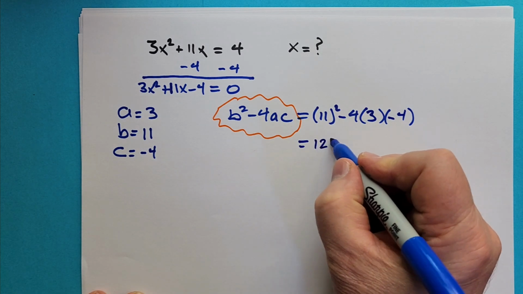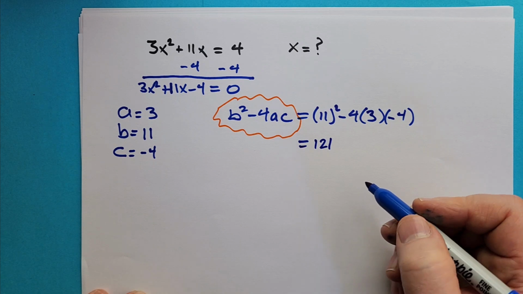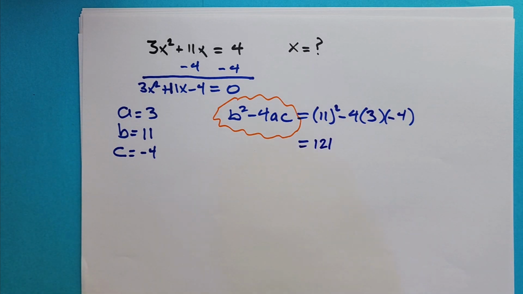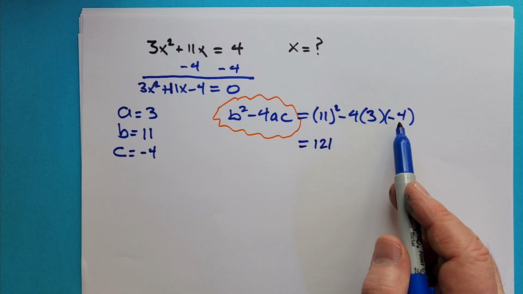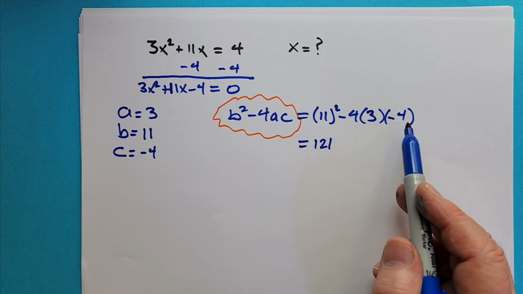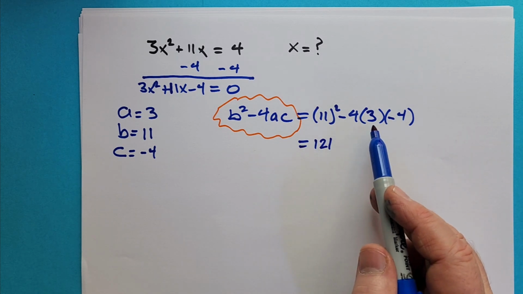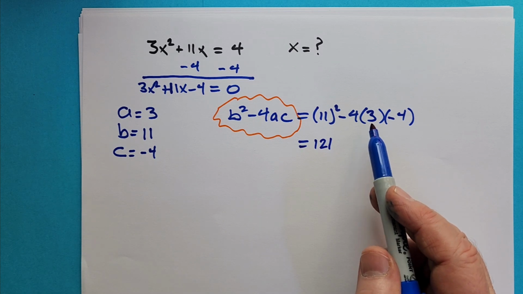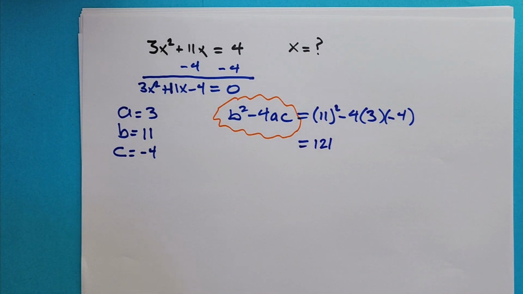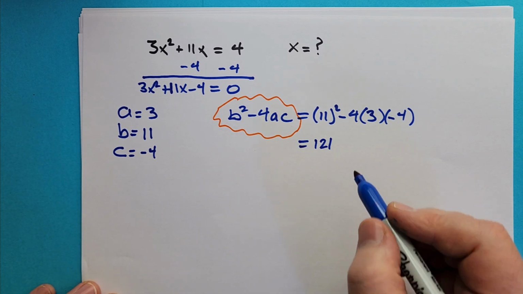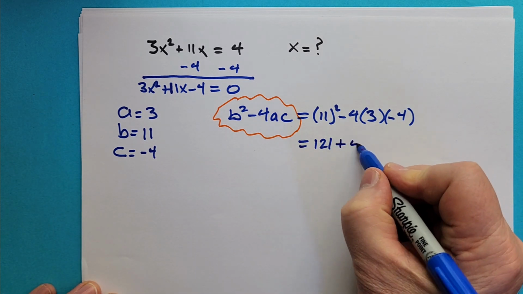So this is 121. 11 squared is 121. Notice how the signs work out here. The negative sign on the 4 will cancel when you multiply that to the negative 4 here. So you can multiply from left to right if you want. So negative 4 times 3 is a negative 12. And then a negative 12 times a negative 4 is our positive 48.